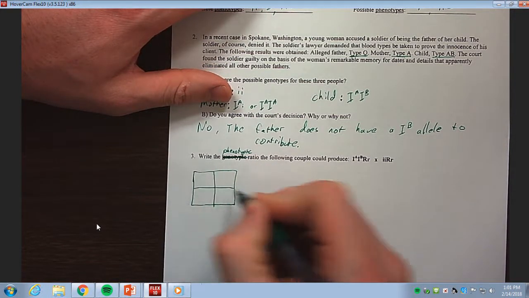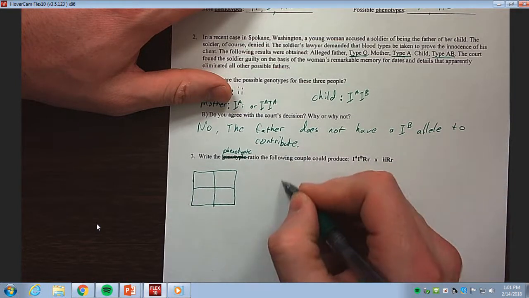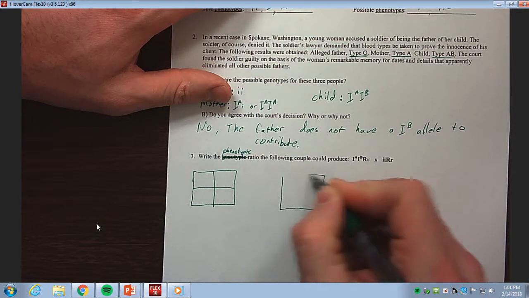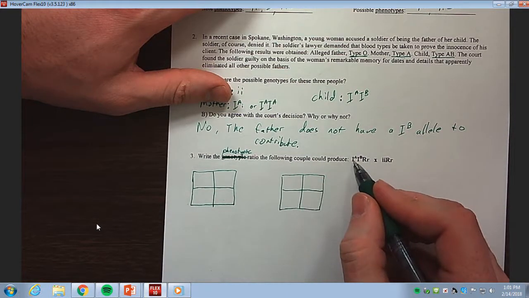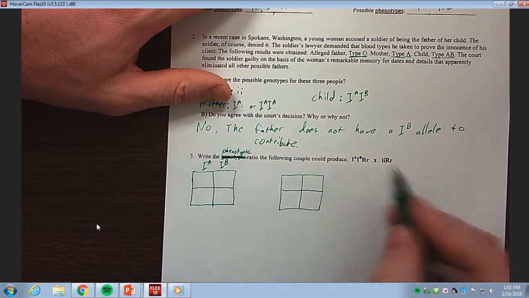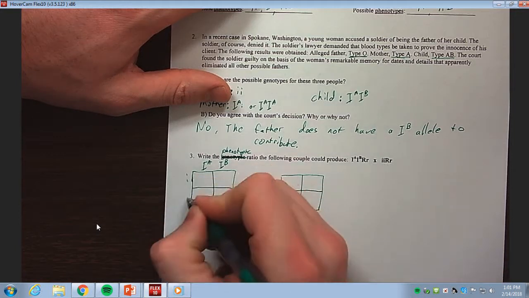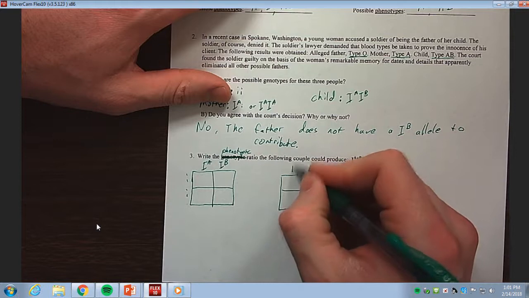Okay, so I need 2 Punnett squares, one for the I alleles, one for the R alleles. So let's fill in the parents, IA, IB, and lowercase i, lowercase i. And then over here, both parents are heterozygous.